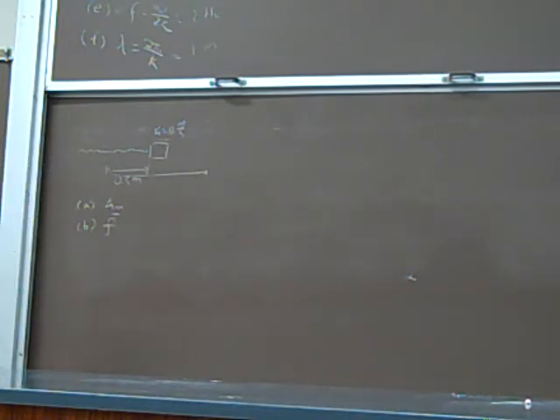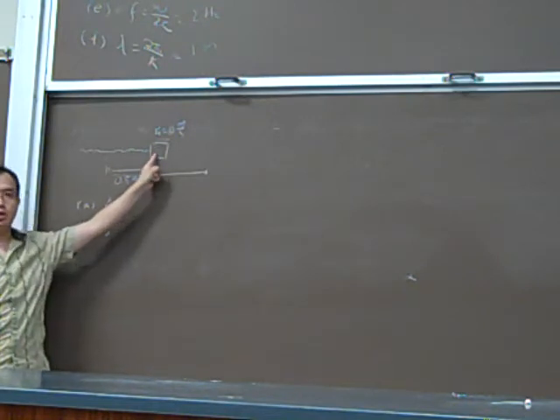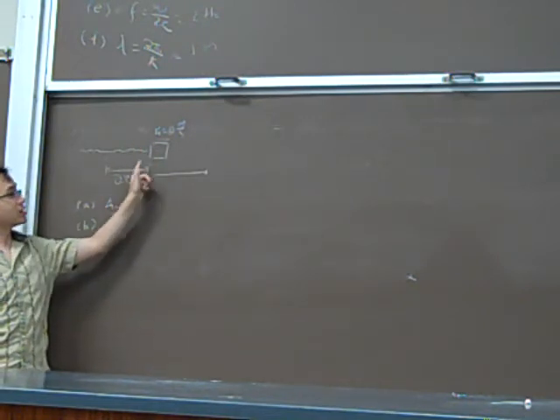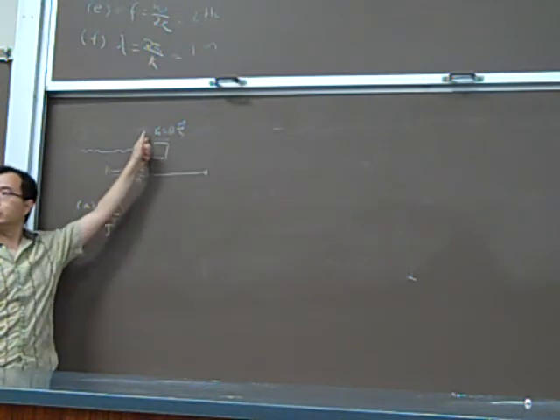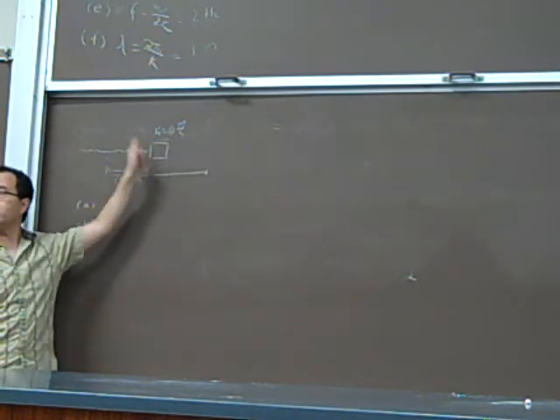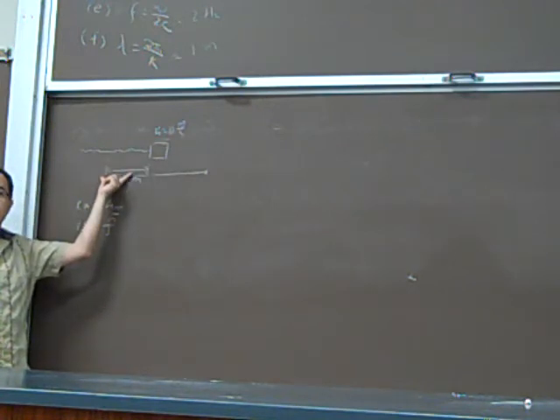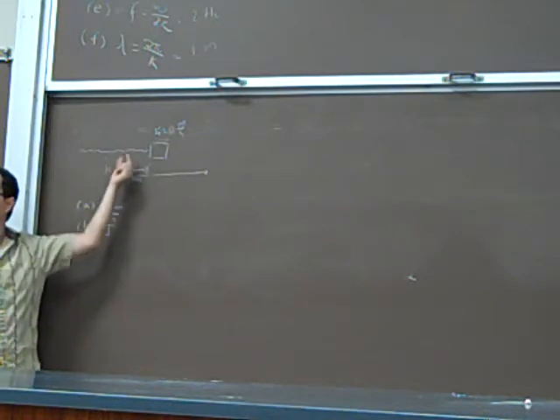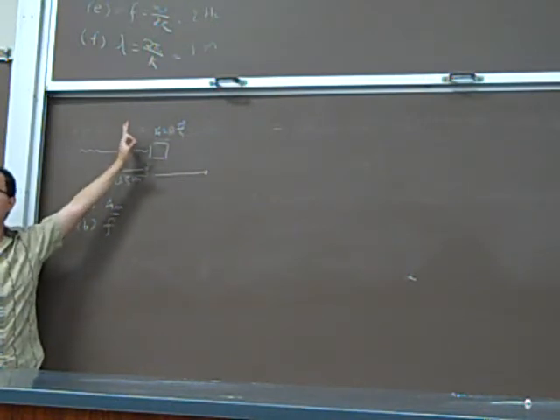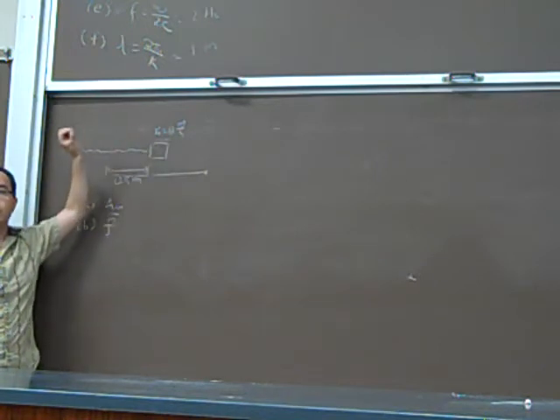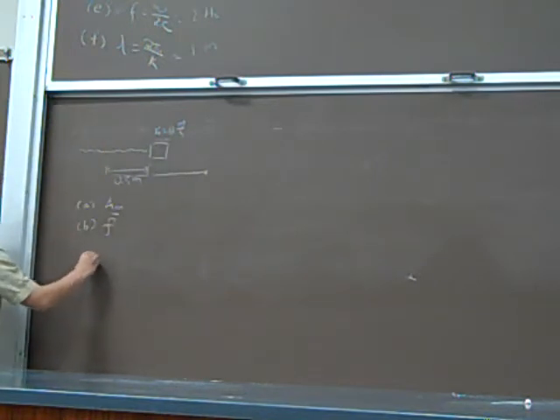You can determine the mechanical energy at this point. You know the velocity, so you can calculate the kinetic energy. You know the pulling distance, so you can calculate the spring potential energy. If you add the two, you get the mechanical energy.